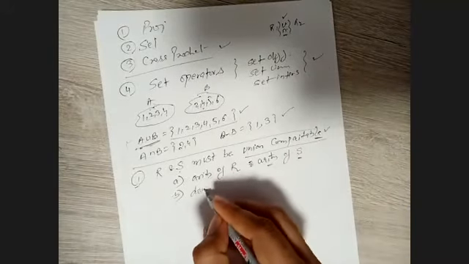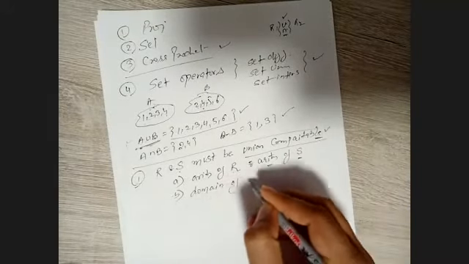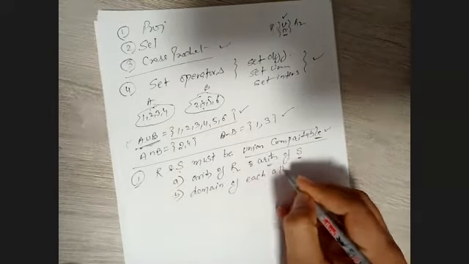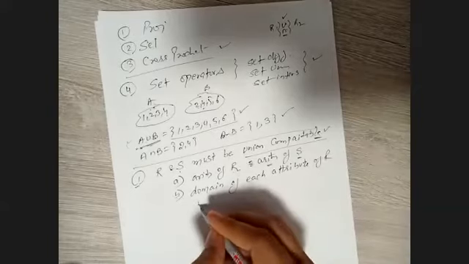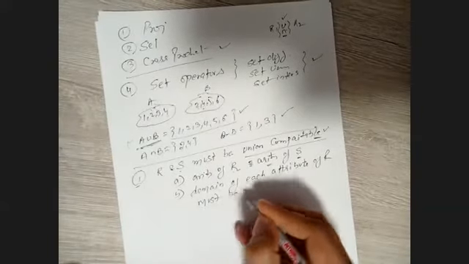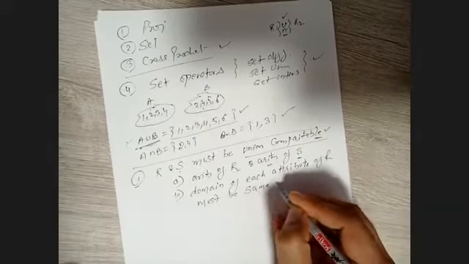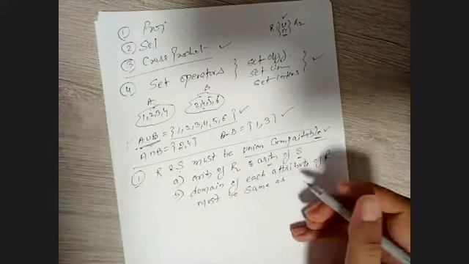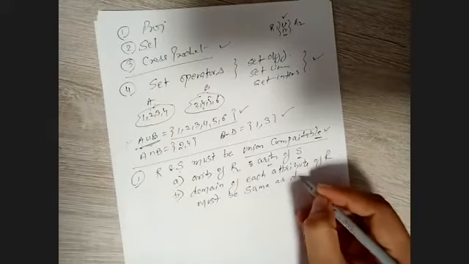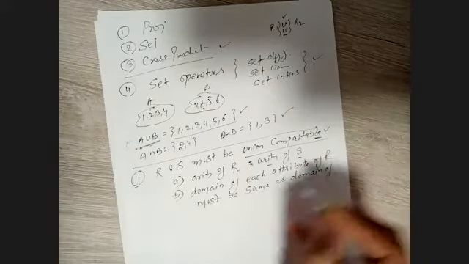Remember the domain of each attribute. The domain of each attribute of R must be the same as the domain of the corresponding attribute of S, right?